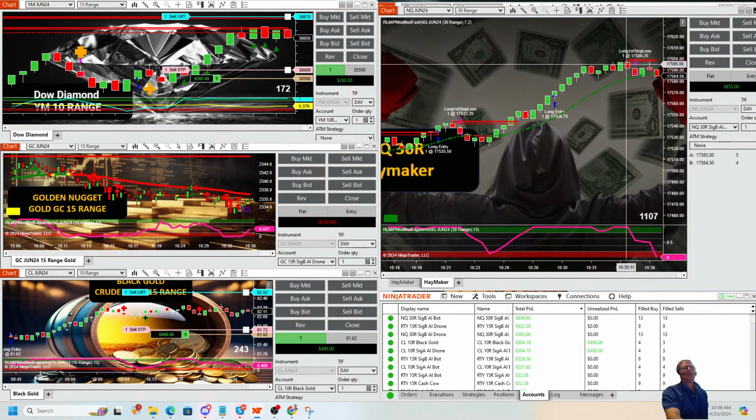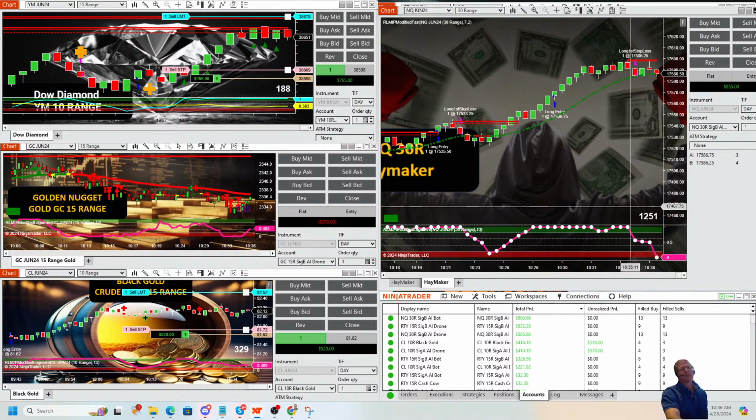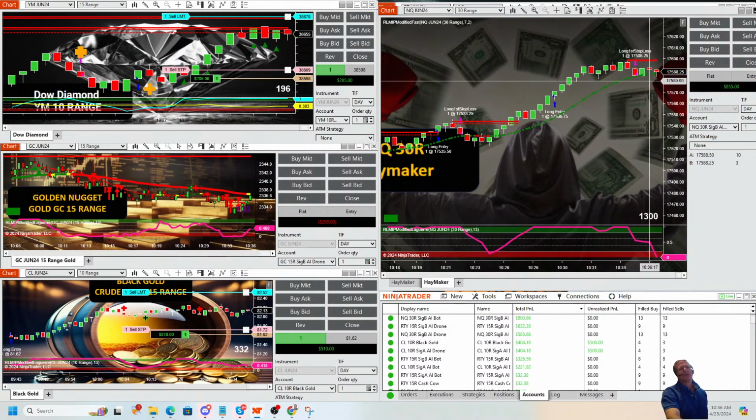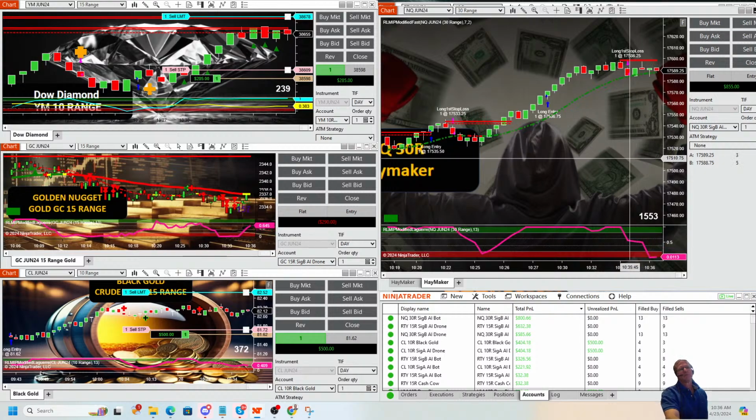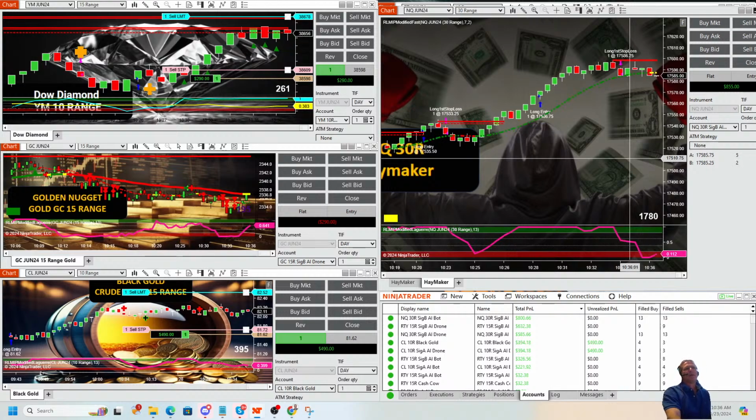And my signal A is going to jump in on this. Once this RSI line crosses through the 80%, it's going to jump in a short trade. And it's going to look for a reversal.